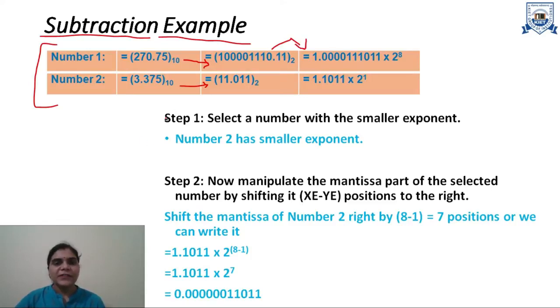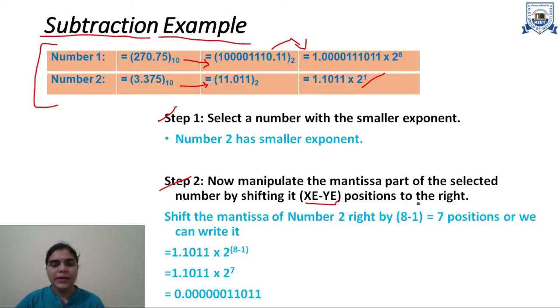Now the first step is to select the number with the smaller exponent. So number 2 has the smaller exponent. The next step is to manipulate the mantissa part of the selected number by shifting it to the right by the difference of the larger exponent and the smaller exponent positions.